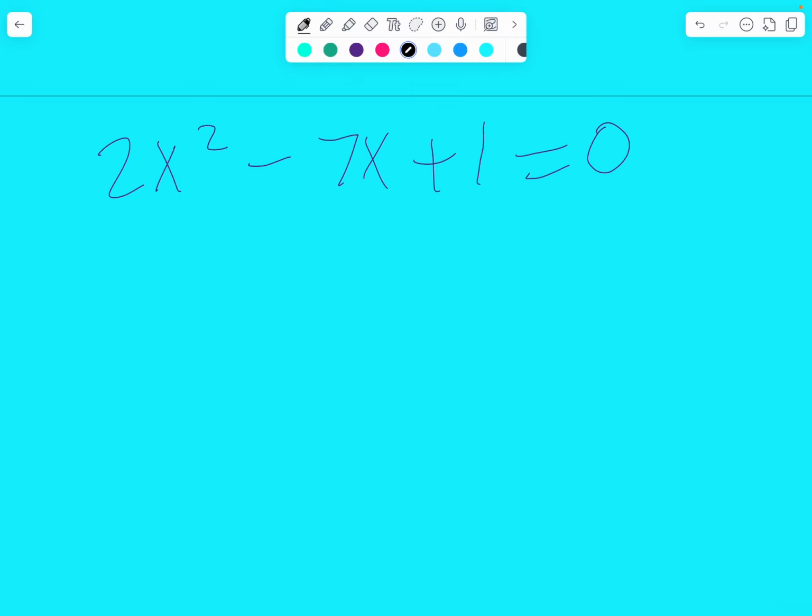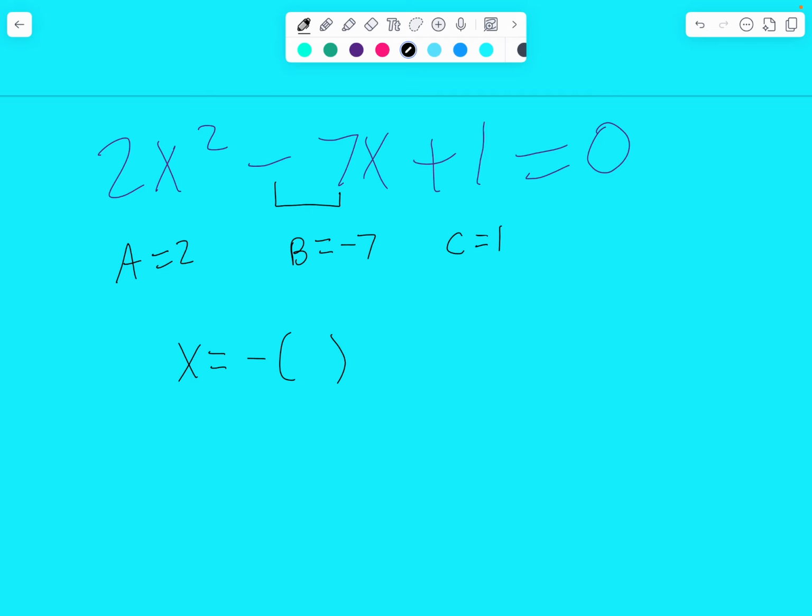So what's our A? A is equal to 2. B is equal to negative 7. Bring the sign with it. Whatever, if it was a positive sign, if it was a negative sign, it comes with it. C is equal to 1, okay? So I'm going to write down x is equal to negative 7, right? But I'm not going to just say 7, even though I just said that. I was trying to explain more.